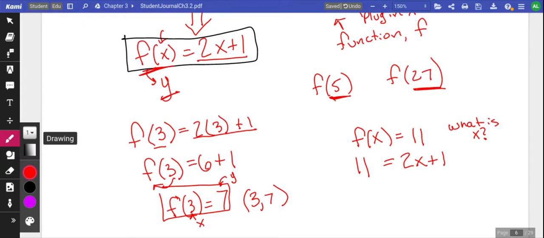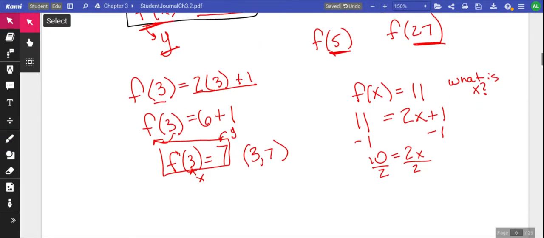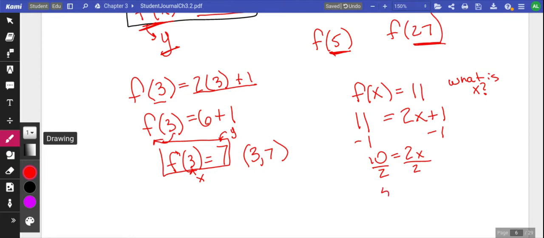Now this is just a two-step equation I can solve out. So I can subtract a 1, subtract a 1, so I get 10 is equal to 2x, and then divide by 2, divide by 2, and I end up with 5 is equal to x.